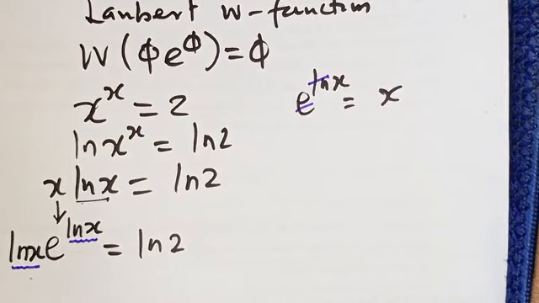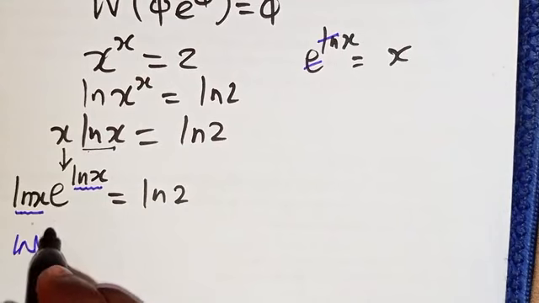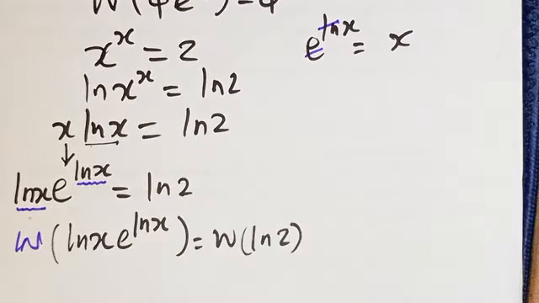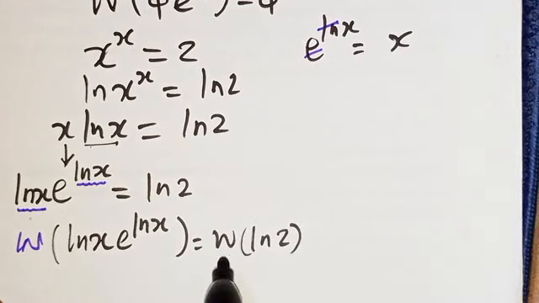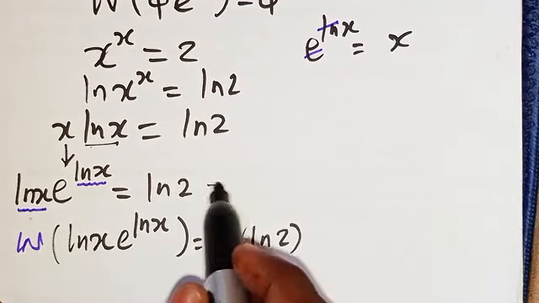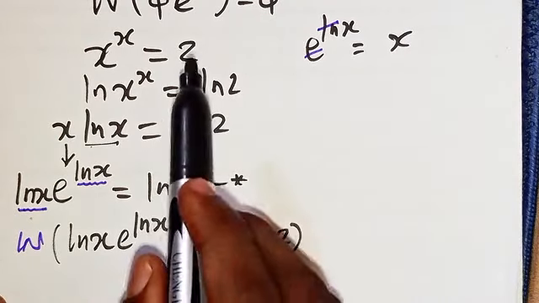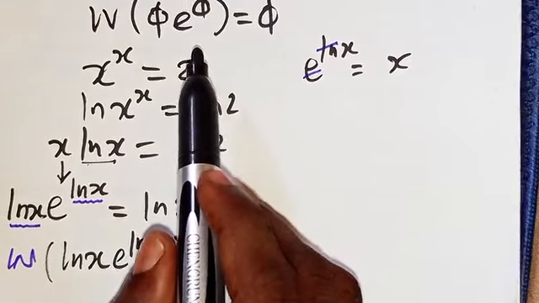So this is telling us that we can apply what we call the Lambert W function to ln of x. We apply this on this equation here, right? Now we go back to the Lambert W function.